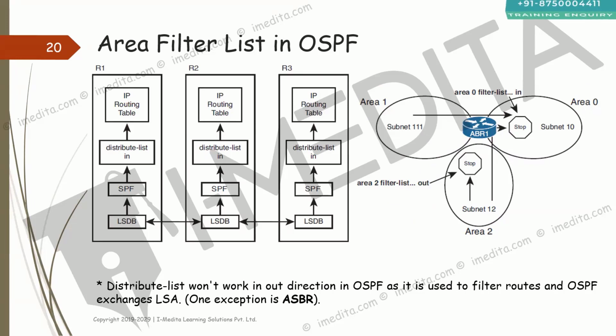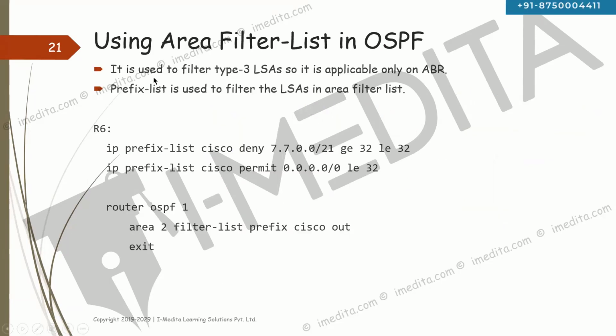So direction here in the area filter list is based on area itself, not based on the interface. Area filter, you can use this to filter type 3 LSAs, applicable only on ABR. Prefix list again is going to be used for the same purpose. So use the prefix list, match your desired prefixes that you want to block and permit, and then apply it respectively onto the OSPF speaking router.